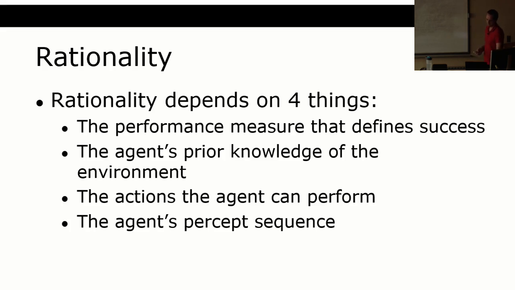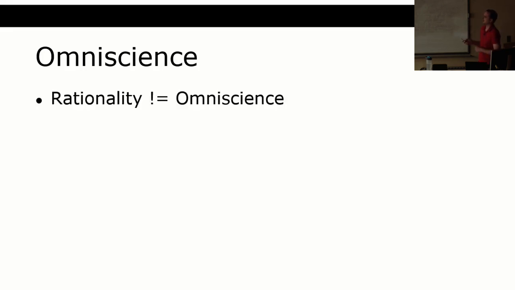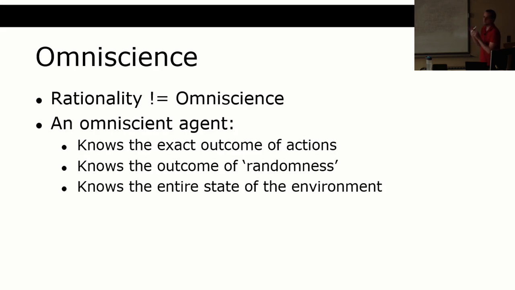That's rationality. There's this other thing, which is omniscience. And rationality is not omniscience. An omniscient agent would know the exact outcome of all actions. So the outcome of actions, sometimes it's deterministic, okay? Sometimes it's not like we know exactly 100% of the time. If I try and move forward, I'm pretty much always going to move forward.